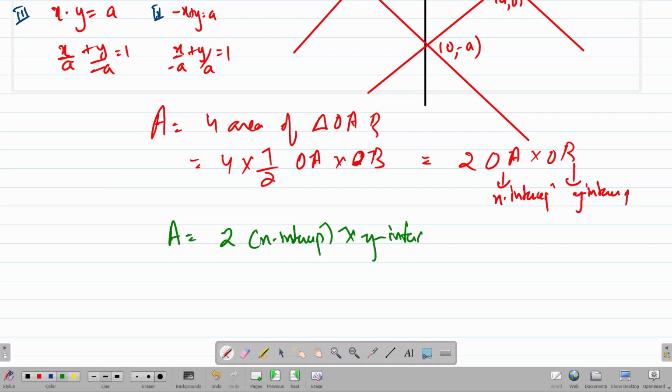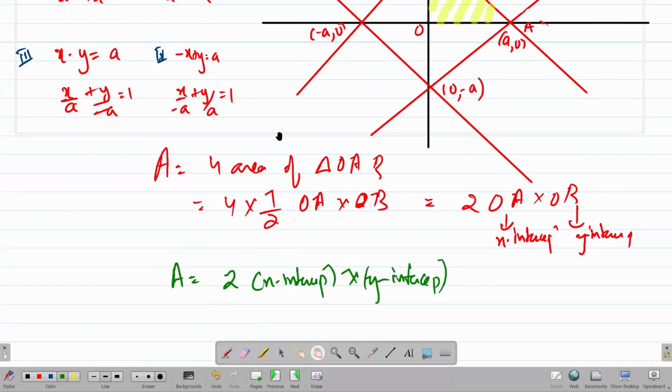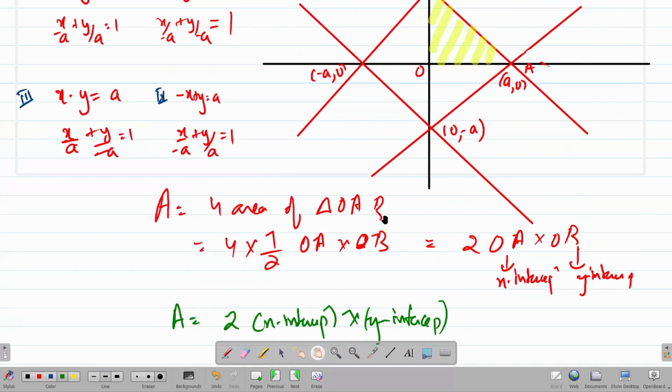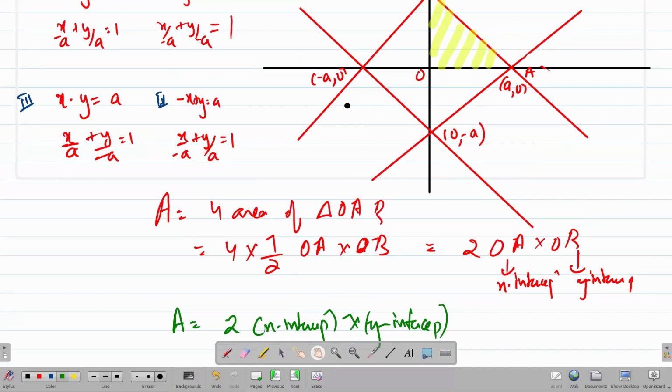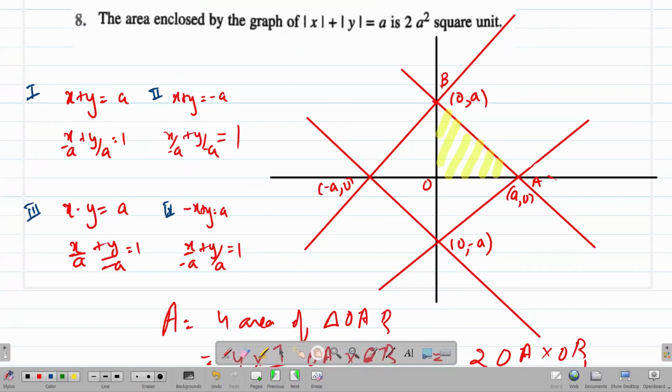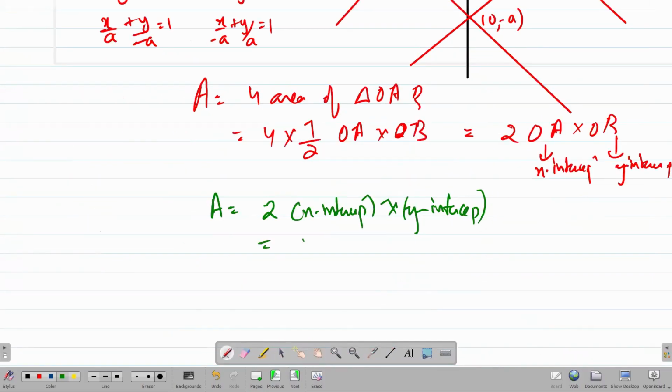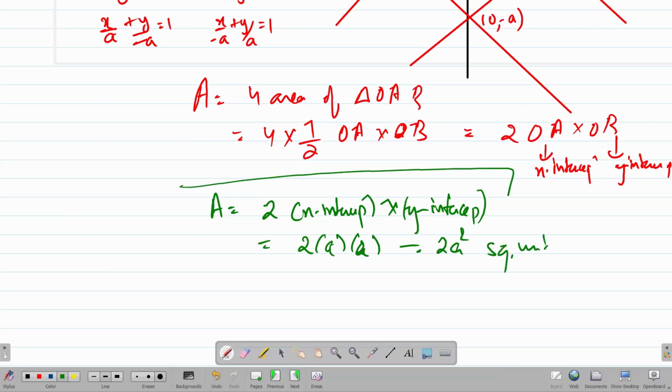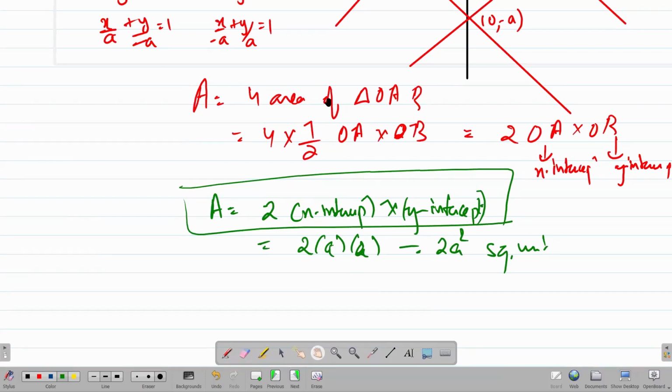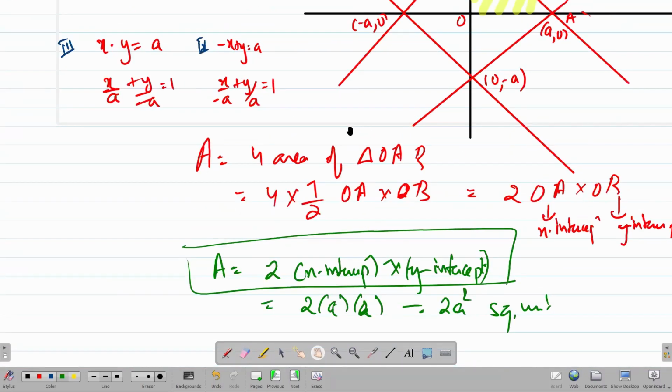Just get one line resolved into intercept form and get A and B from that equation and just substitute here. Same in this case, my x-intercept is A and y-intercept is again A. So my answer is 2A² square units. But my shortcut is that 2 times x-intercept into y-intercept is the answer of this particular question.